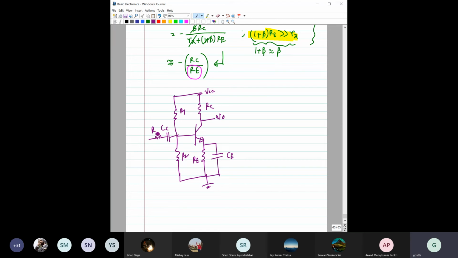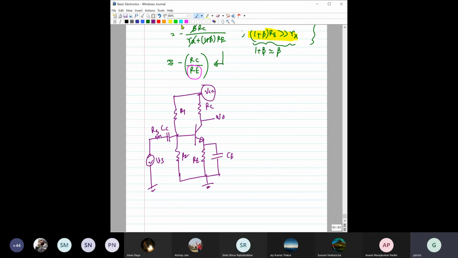This is the coupling capacitor, this is RS, and this is VS. Is this circuit clear to you?